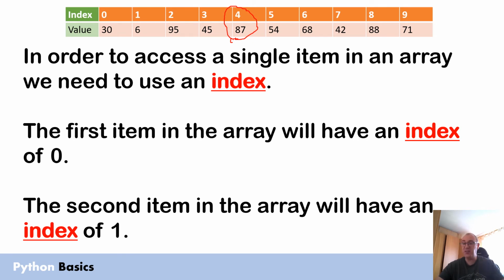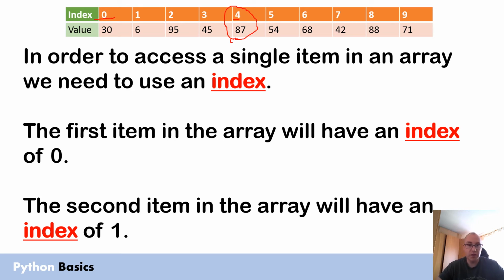That location is called an index. We call it an index and not an address, just to make it very different to memory addressing. So we start our indices at 0, so it's 0 indexed. The 87 is at index 4, which means it's the 5th value.